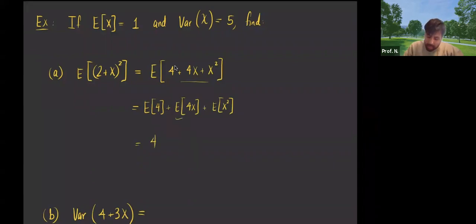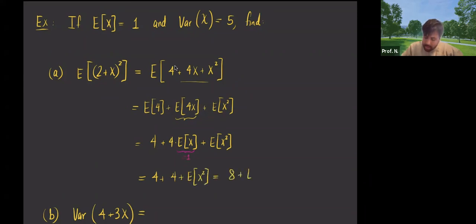And then the expected value of 4x is equal to 4 times the expected value of x. And then we have the expected value of x squared. But we know what the expected value of x is. It's 1. So far, look what we have. We got 4 plus 4 plus the expected value of x squared. Does everybody see that? And this equals 8 plus the expected value of x squared.